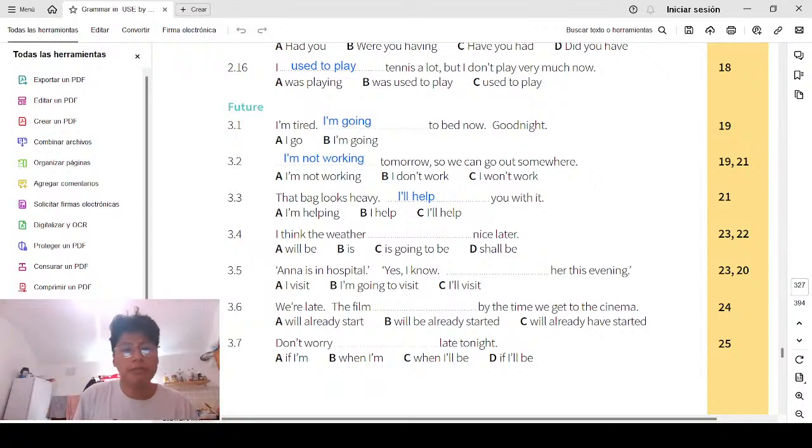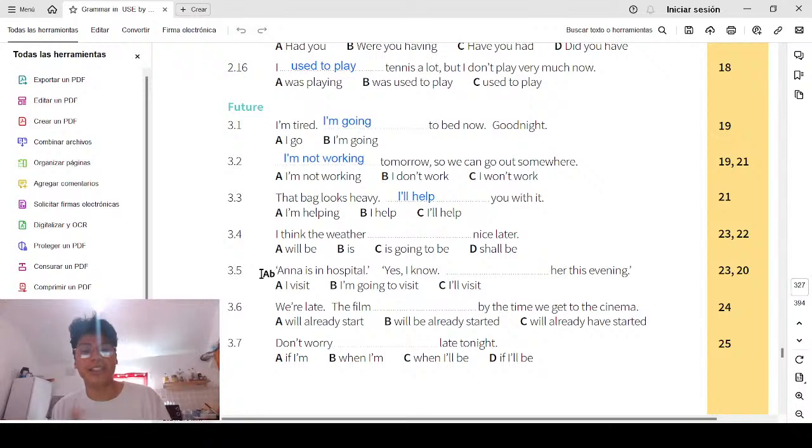That's different. In that case, that bag looks heavy. You are checking, right? Okay, I help you with it. So the decision to help this person you take now in the present. It's not like, okay, today my plan is just to help someone in the supermarket. I don't know. Okay, next one.